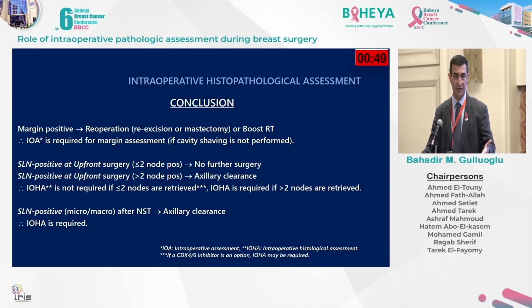But for the frozen, of course, there should be one situation: if you find something meaningful that would change your practice during the operation and prevent an extra surgery after you finish, then you may ask for the intraoperative histopathological assessment. Thank you very much.